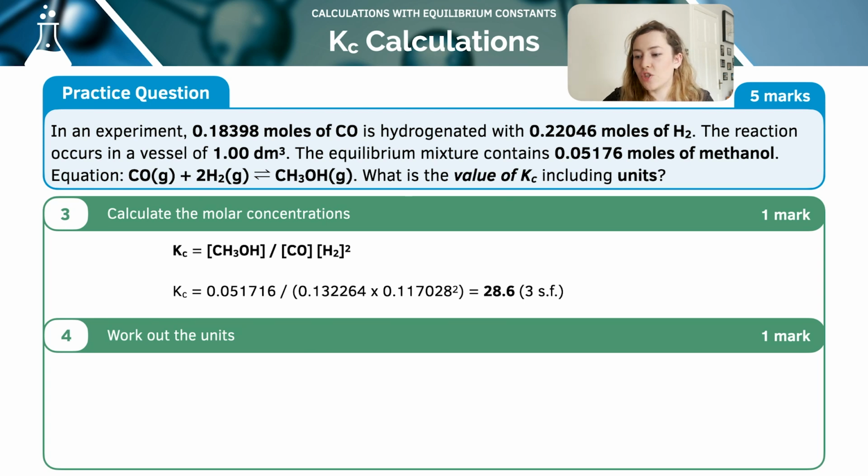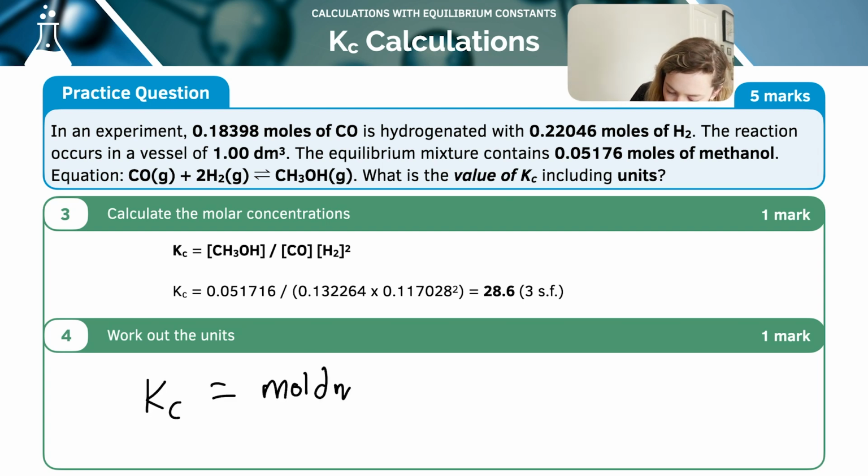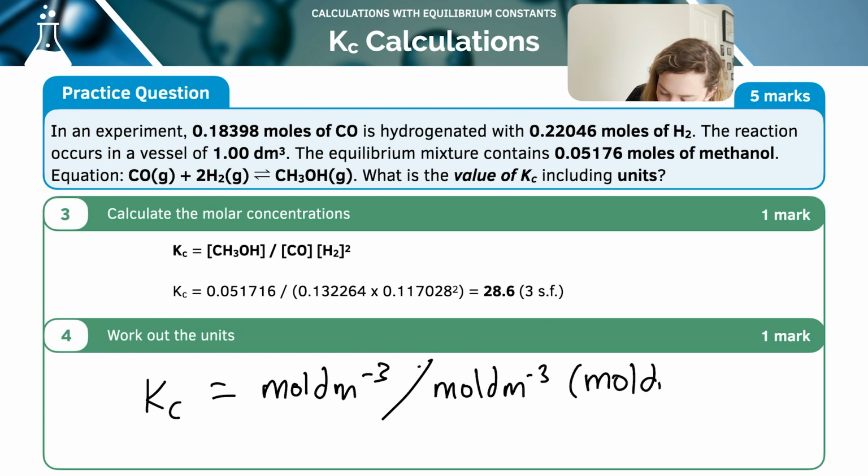The final thing we need to do is, of course, work out the units, and that is often forgotten. The units of Kc are a nice easy part. It's going to be moles per decimeter cubed for the methanol on the top, divided by moles per decimeter cubed from the carbon monoxide times moles per decimeter cubed squared from the hydrogen.